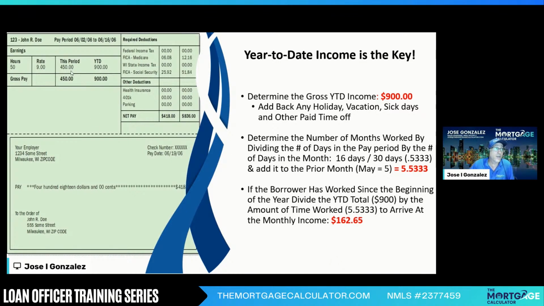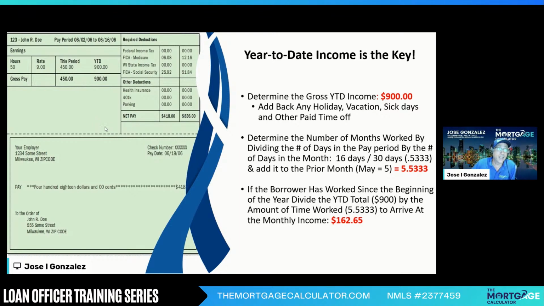In this scenario here, it looks like if he would have worked 50 hours, because it says this period, 50 hours times 9 is 450, then it'd be a different story. This would be his first paycheck, and then you would do the math in reverse.